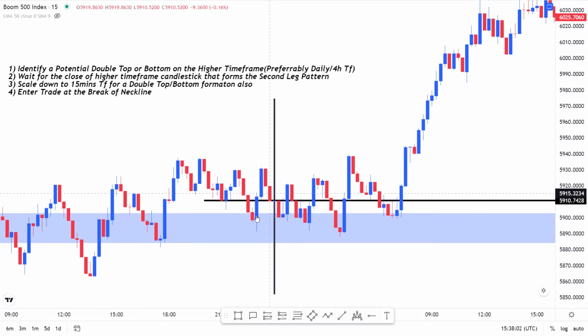So as soon as we had this close, that's where we had the 4-hourly time frame candlestick close. We had this price rally to the upside, and then we had a drop. So this being more like the first leg of our 15 minutes time frame W pattern.